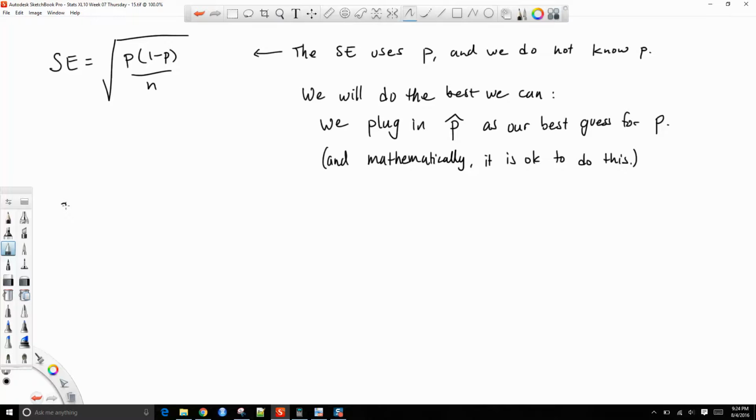So what we're going to do is we're going to have standard error equal to the square root of p hat times 1 minus p hat divided by n. Okay, and we use this for confidence intervals only.